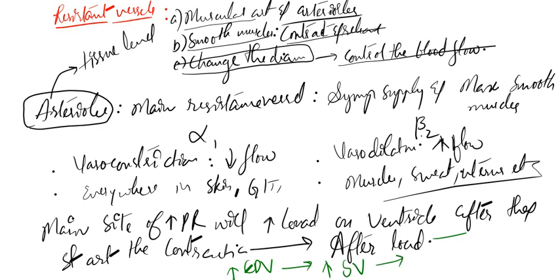That increased stroke volume phenomenon is called preload. Right? What happened actually? There will be an increased end diastolic volume. So that leads to, wait, I will write here again.